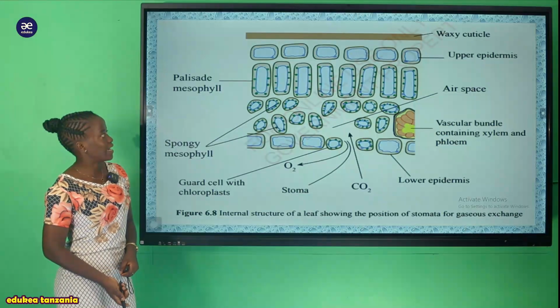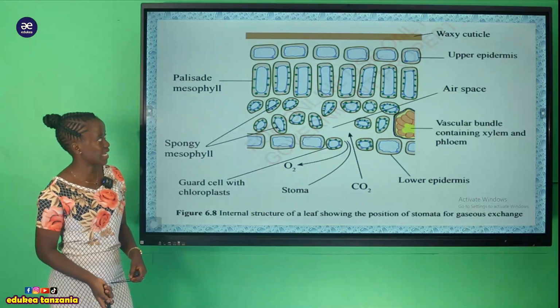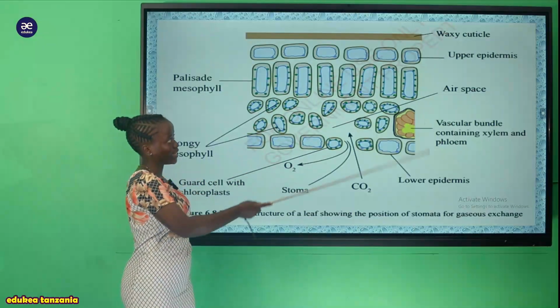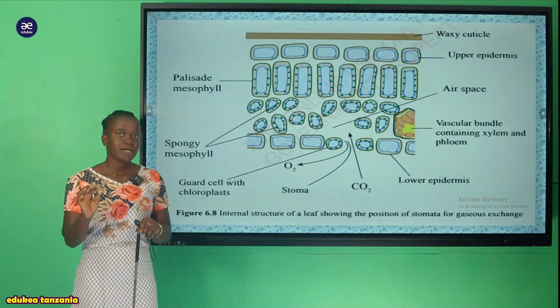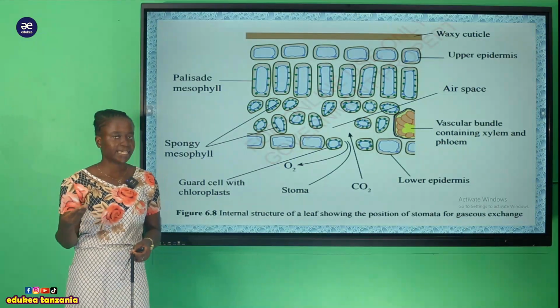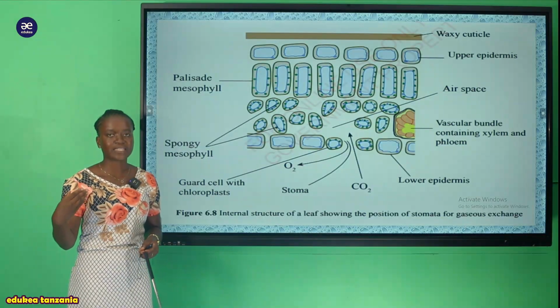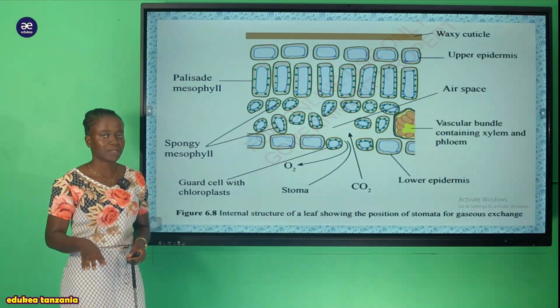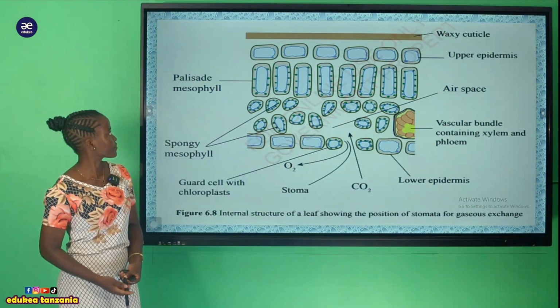Kwa maana kwamba tukianzia kudiscuss kuanzia kwenye part ya juu kabisa ya leaf, hapa ndipo ambapo kunakuwa na ile waxy cuticle. Unakuta kuna baadhi ya majani kunakuwa na kiganda laini sana, so kile kinaitwa waxy cuticle, kinazuia maji yasitoke kwa wingi sana ndani ya plant, so it prevents the transpiration rate within the plant.